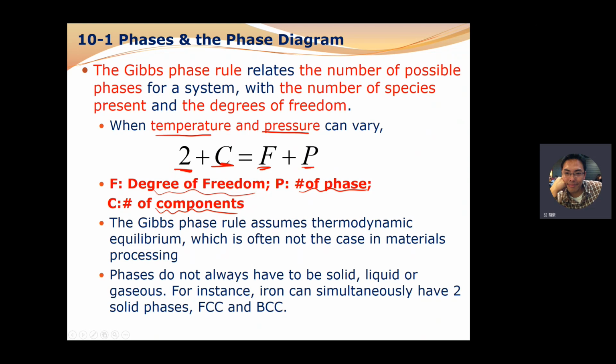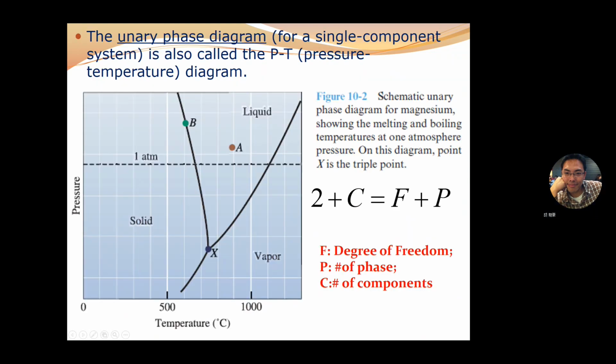So let's look at the example here. A single component phase diagram can also be called the PT diagram, pressure-temperature diagram. For example, this figure shows the single component magnesium.